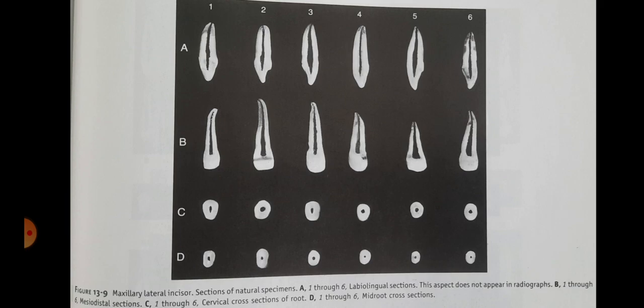The apical foramen is located at the tip of the root, whereas some exit on the labial. You can see this in figure 13.9 A2 and 3. The apical foramina exist on the labial aspect, whereas some exist on the lingual aspect of the root tip.